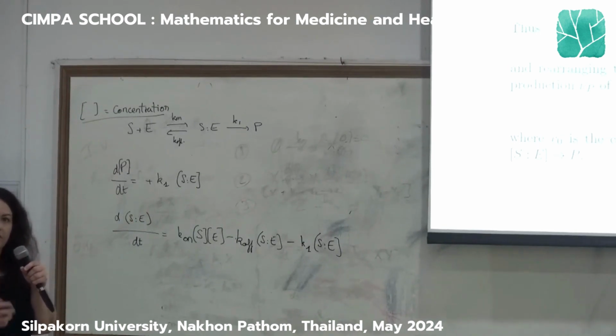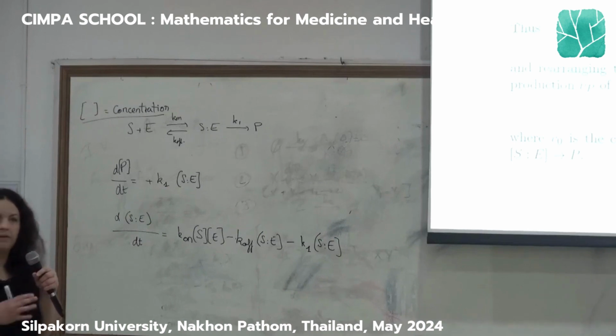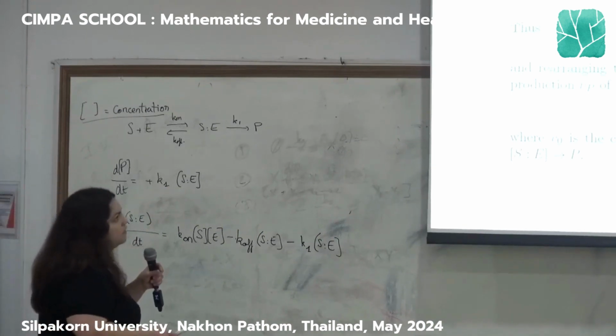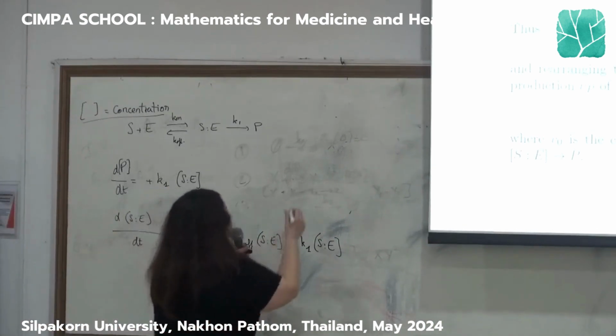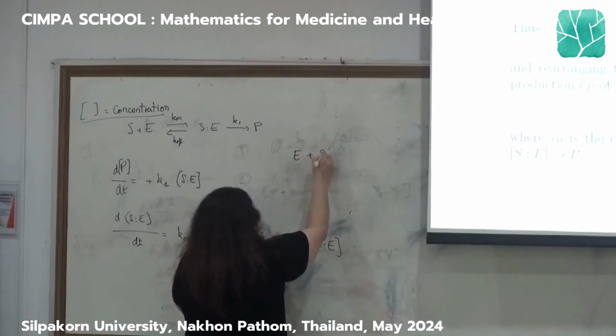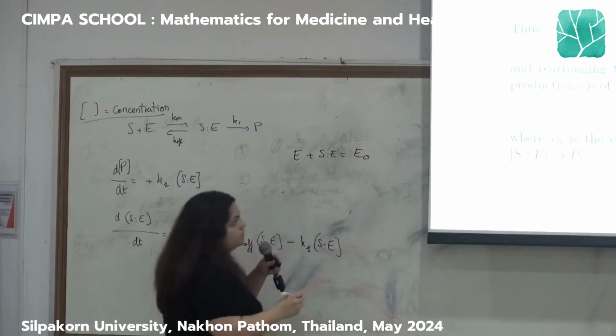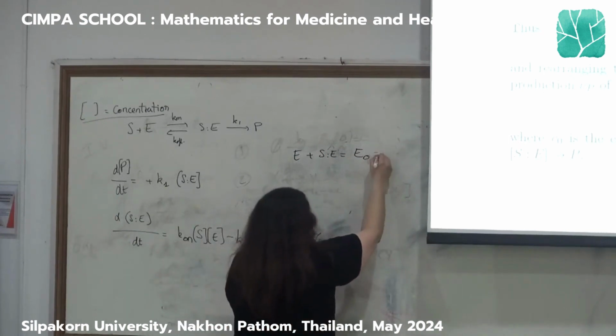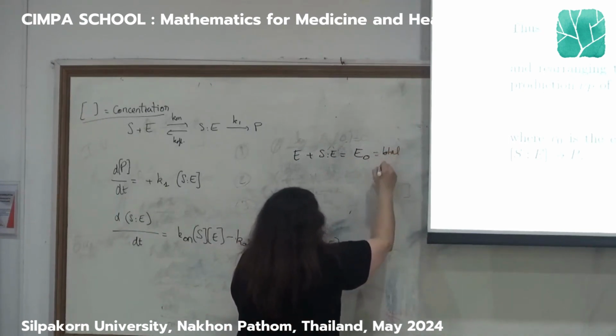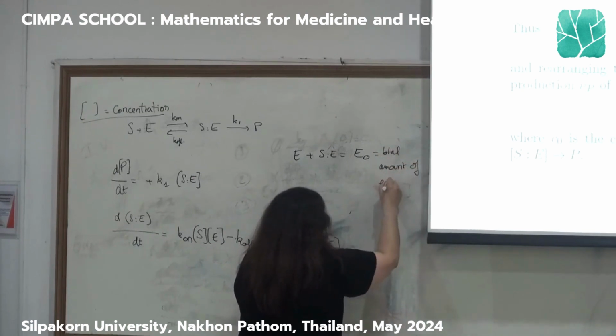It's not changed, it's not modified by the reaction. It's happening, but it's not consumed, not degraded, nothing. So we have this first law: E plus SE equals some constant, E0, which is the total amount of enzyme.